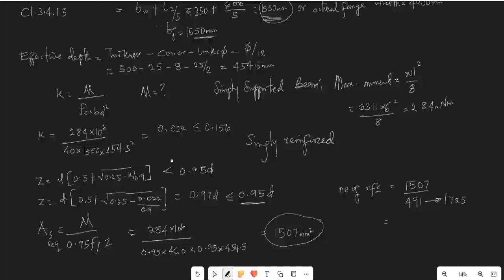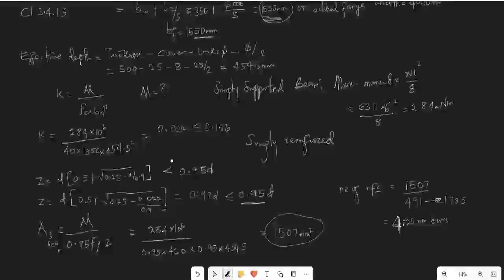That's 3 Y25 bars. But if you try to do 3 multiplied by 491, you see that you have even lesser than what you have here. So what you want to do is to add 1, which is 4Y25.